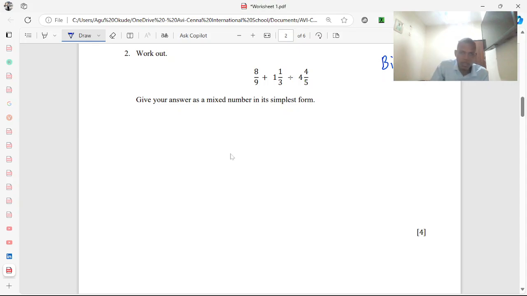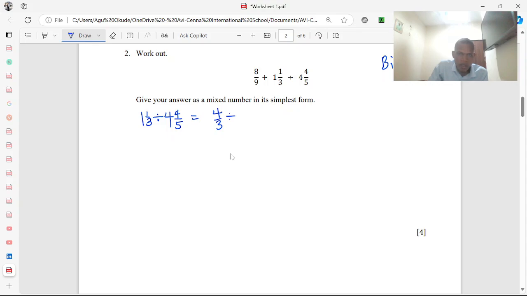So I'm going to divide first. I will take one whole number 1 over 3, and divide it by 4 over 5 first. So I will change each of these into mixed numbers. You do 3 times 1, that's 3, plus 1, that's 4. I have 4 over 3.